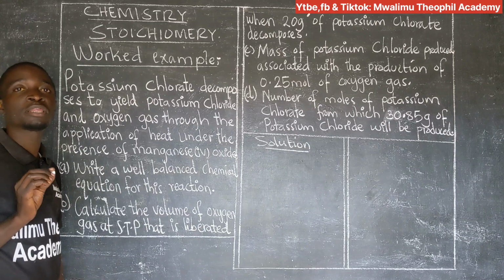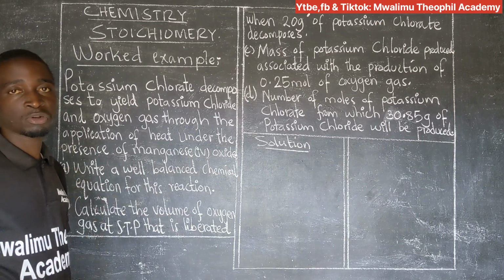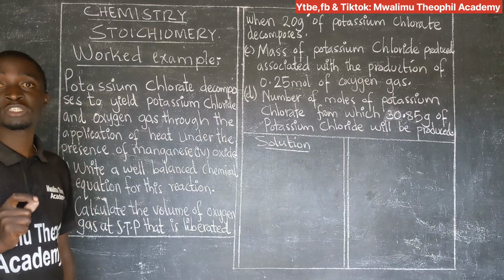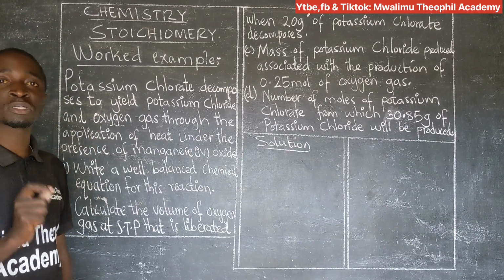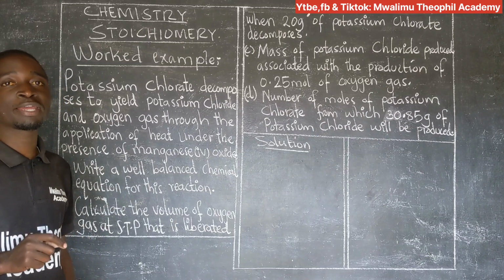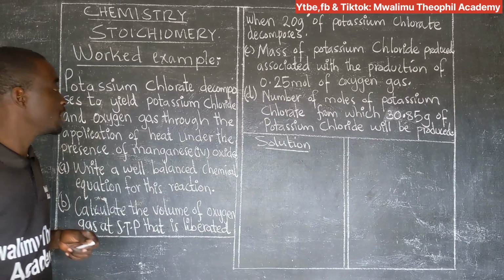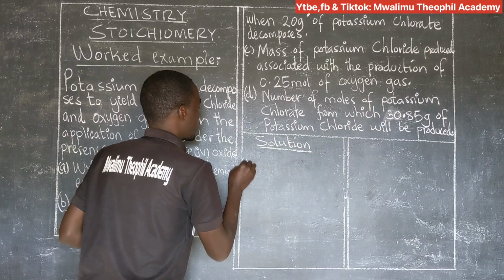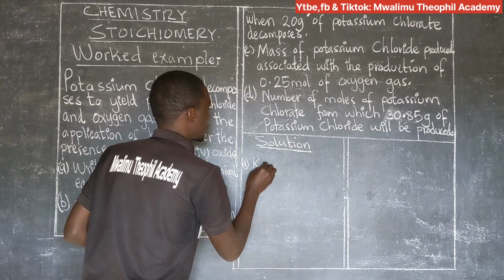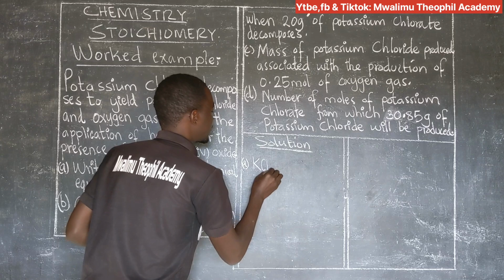Our equation is the decomposition of potassium chlorate. As you know, potassium chlorate decomposes in the presence of manganese 4 oxide by applying heat to give potassium chloride and oxygen gas. This is the equation. We are given potassium chlorate, written this way.